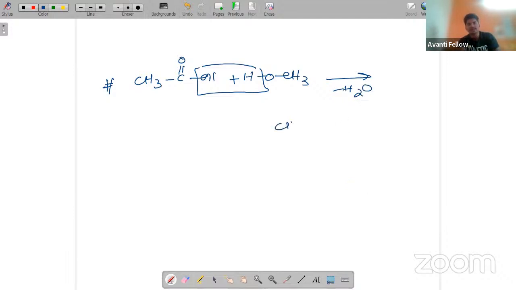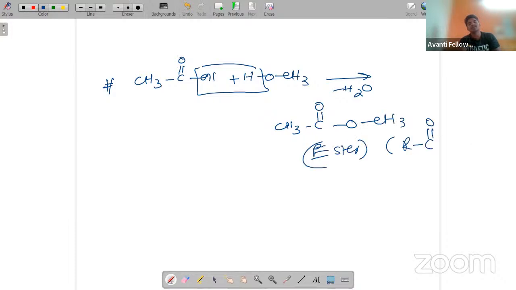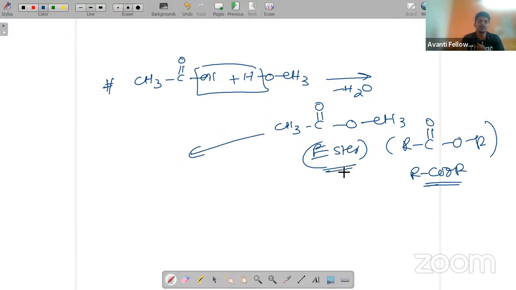Now we get CH3, C double bond O, OCH3, which is nothing but an ester. An ester looks like RC double bond O OR, or in some books it is represented as RCOOR. So you are getting an ester here.